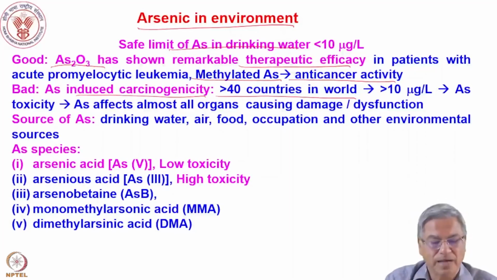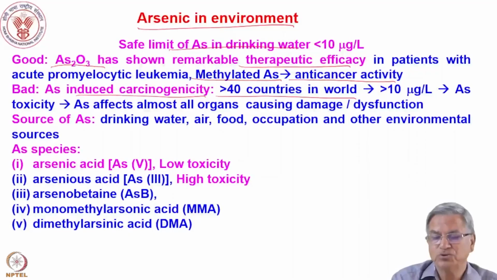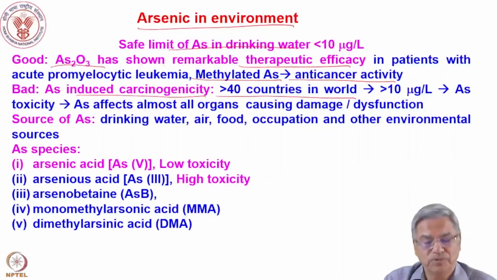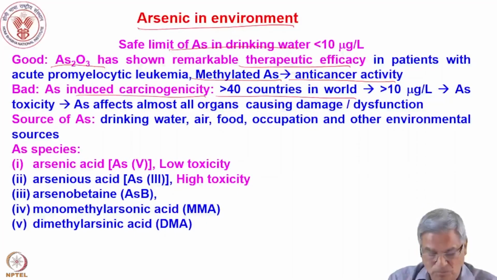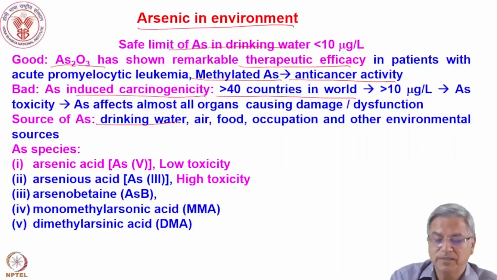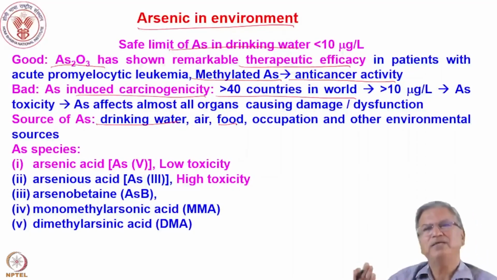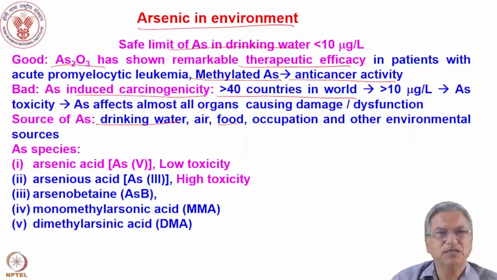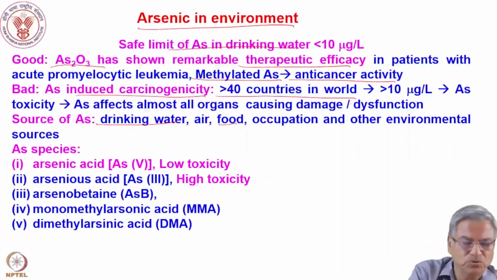A high concentration of arsenic affects organs, causing dysfunction and damage. Arsenic has a tendency to bind with organic molecules present in drinking water and food, so many people are susceptible to arsenic poisoning.